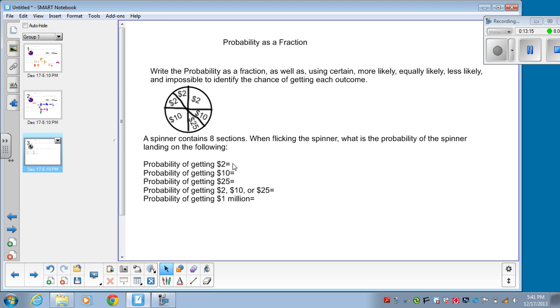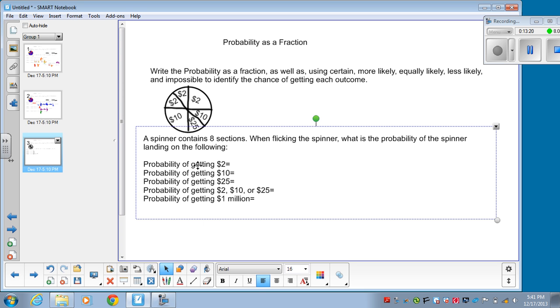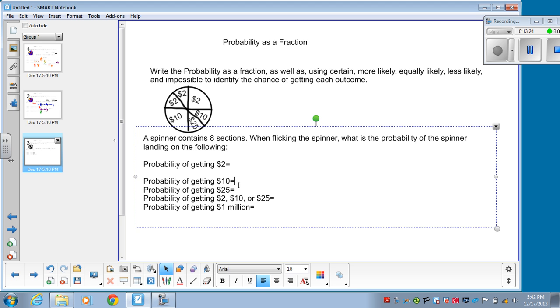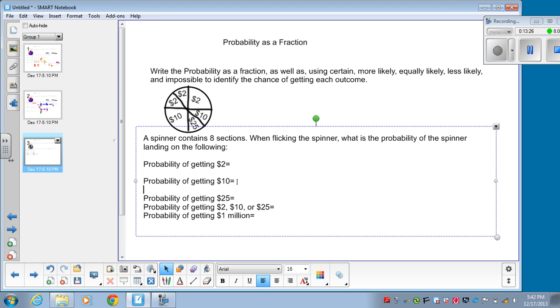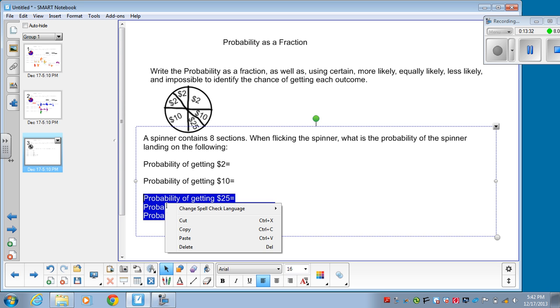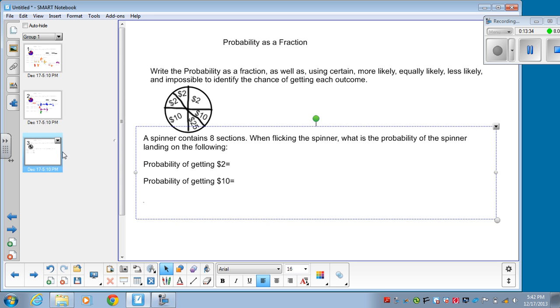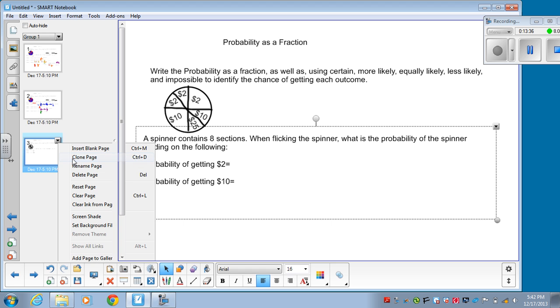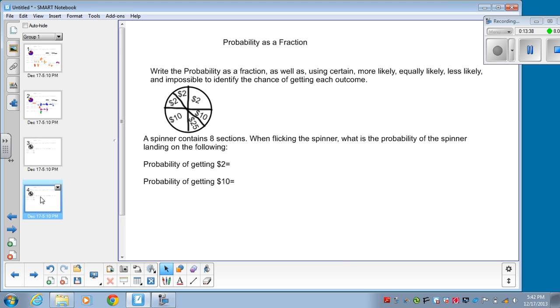Okay, so let's begin. Again, we'll separate these, so it's on 2 pages, so it's easier to look at.